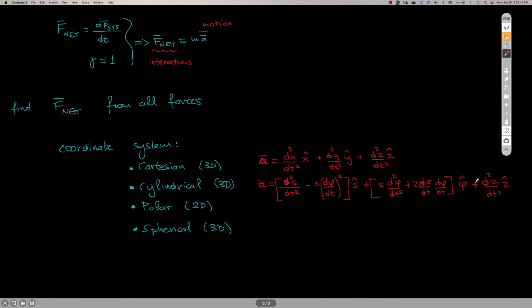This is the acceleration. This is the expression for the acceleration in the cylindrical coordinate system.